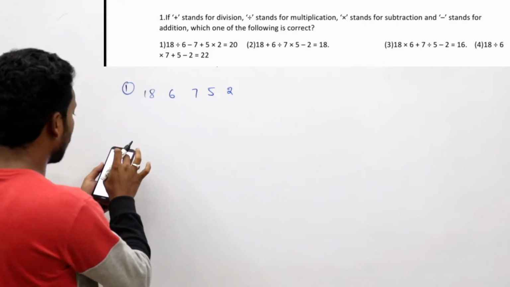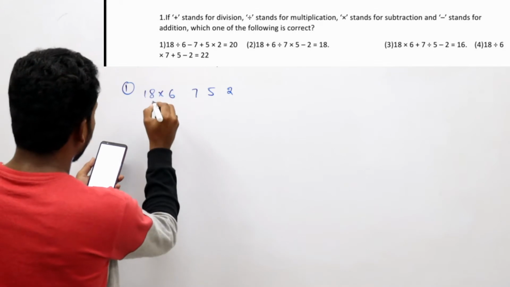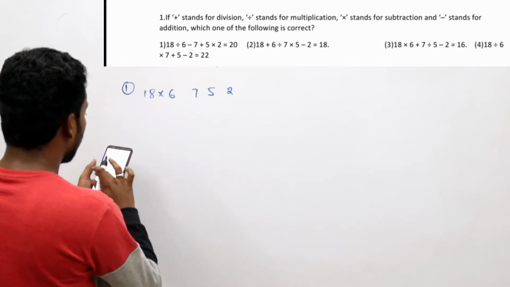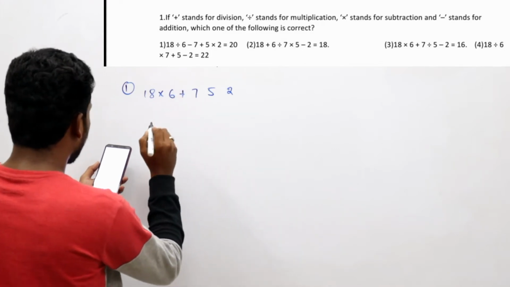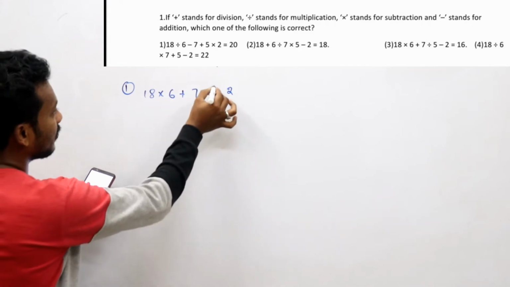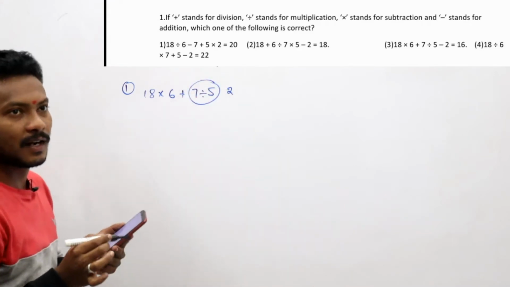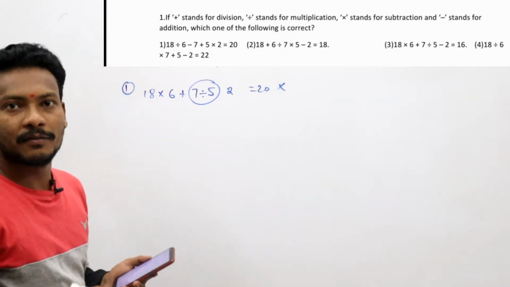For the first option, division means multiplication, minus stands for addition, and plus stands for division. Here we get a division, 7 divided by 5, which does not give exactly the value 20. That's why we are cancelling this one.